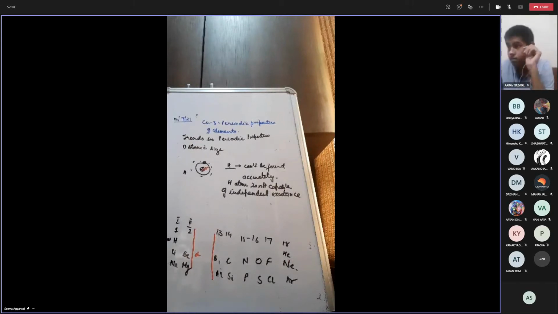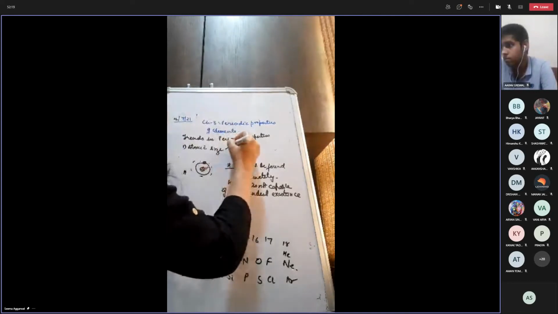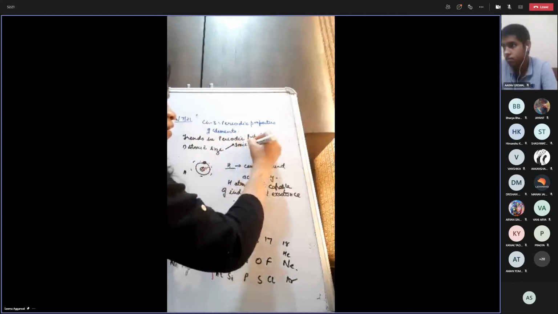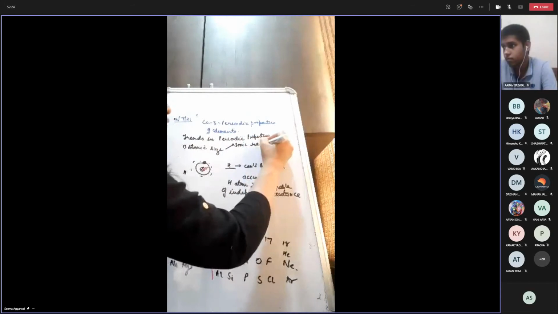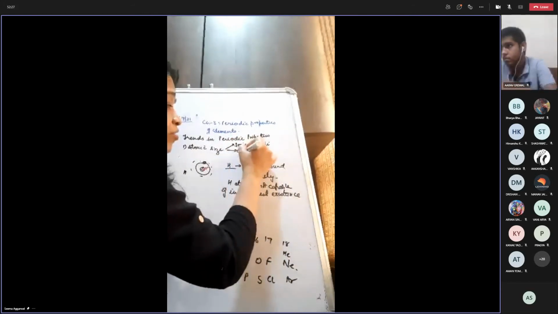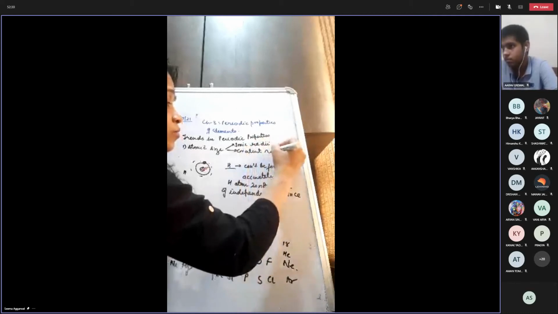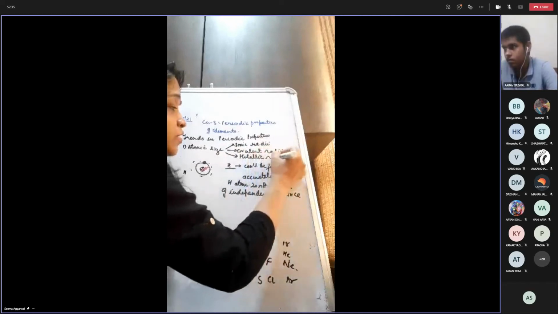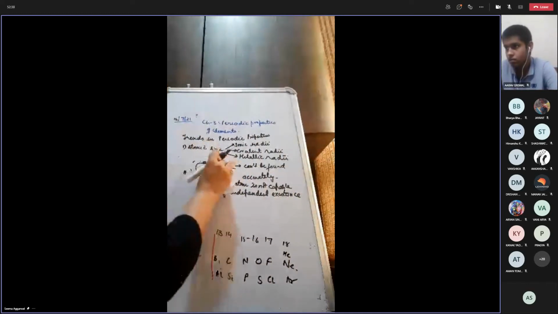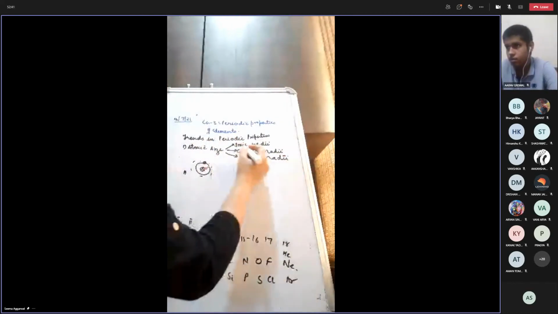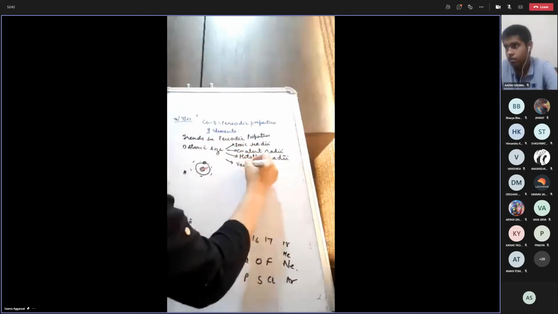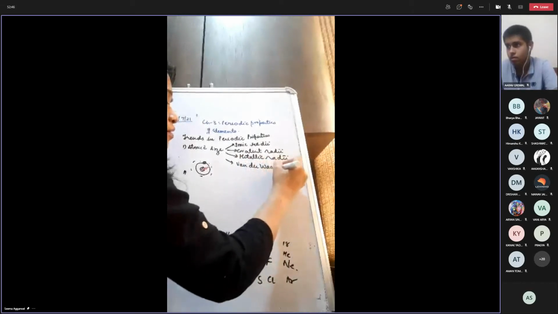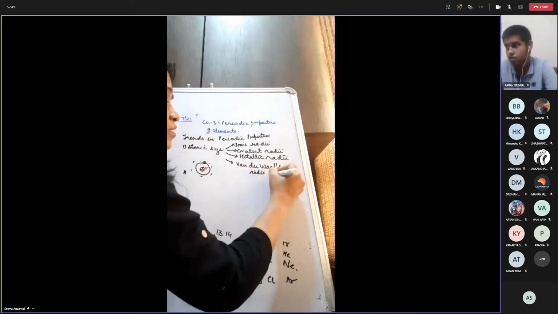So whenever we are talking of atomic size or atomic radii, there are four terms used for it. Either we find out the ionic radii in the case of those elements which occur as ions, or we find out the covalent radii which exist as molecule, or we find out the metallic radii which exist as metals, or we find out the van der Waals radii in the case of noble gases.